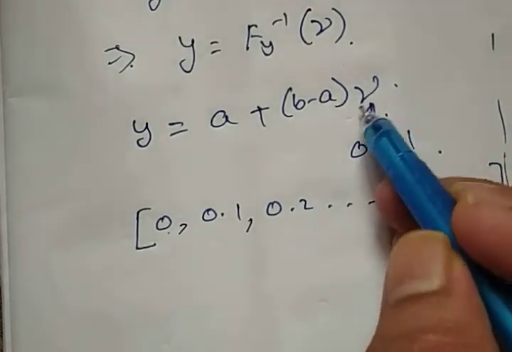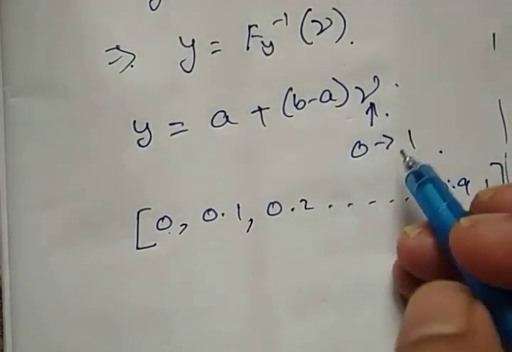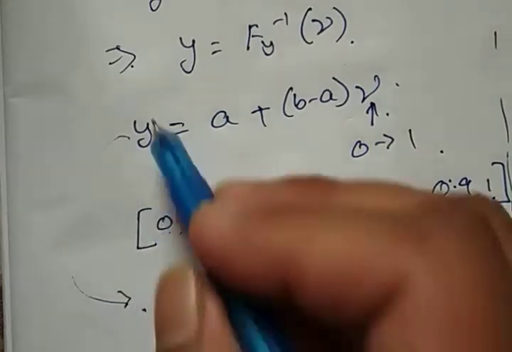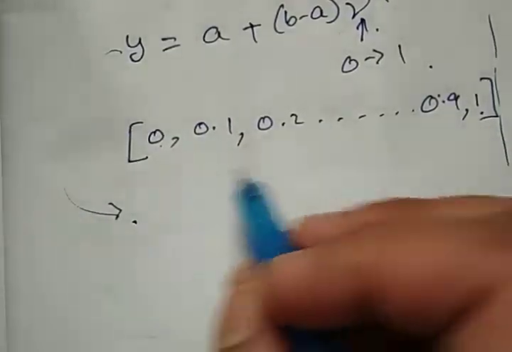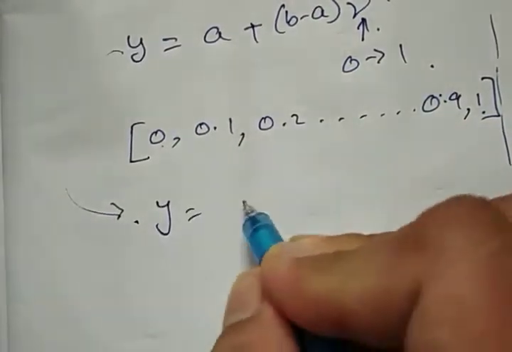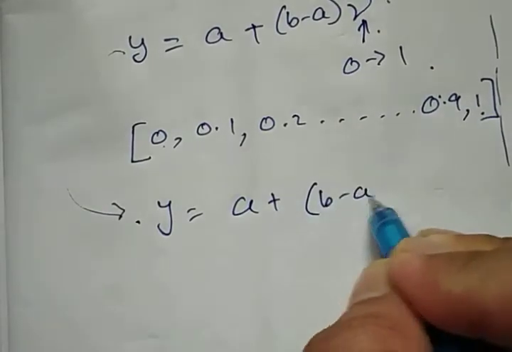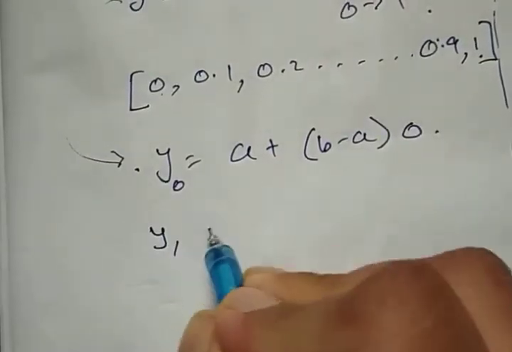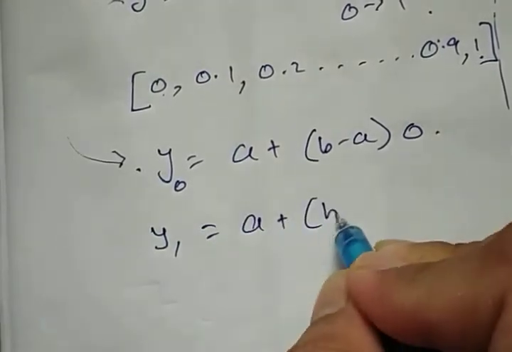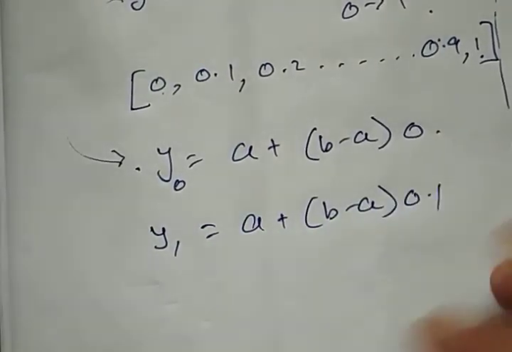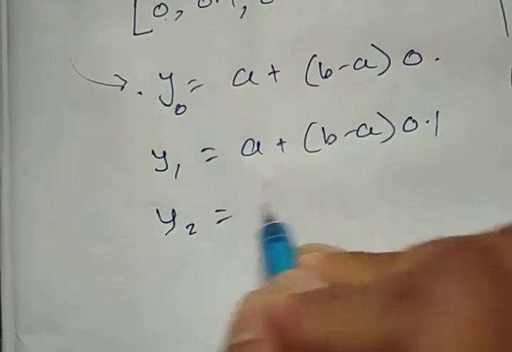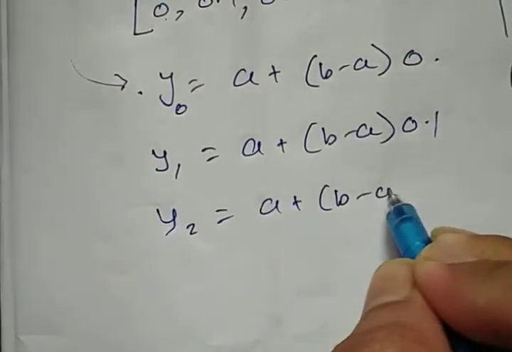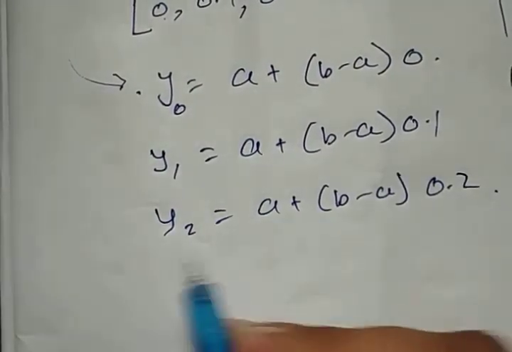So this nu value is going to range from 0 to 1, and depending on that you will get y values. For particular nu values, let's say a plus (b minus a) times 0, you will get one y0 value. y1 equals, let's say, a plus (b minus a) into 0.1. y2 equals a plus (b minus a) into 0.2. So it all depends on you.